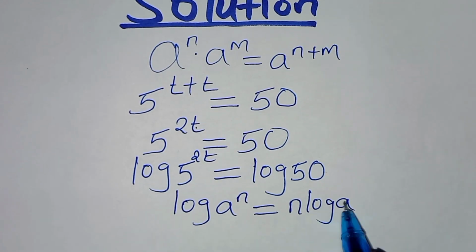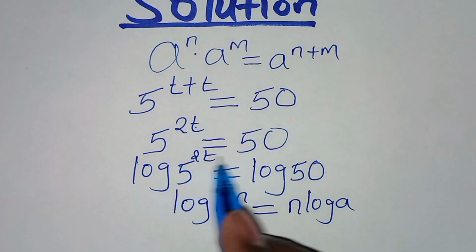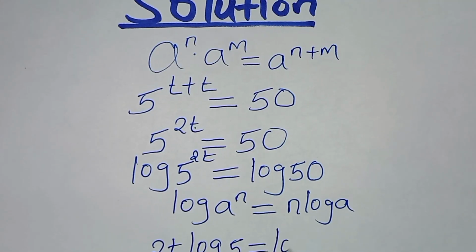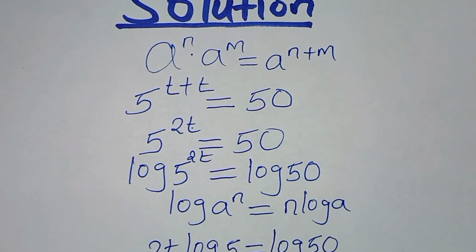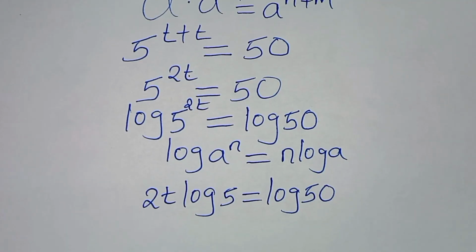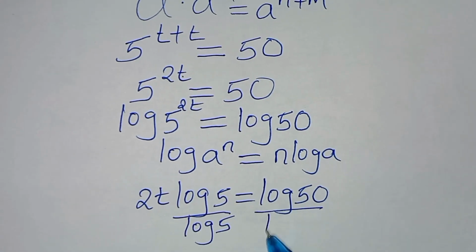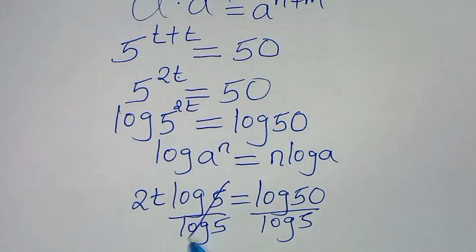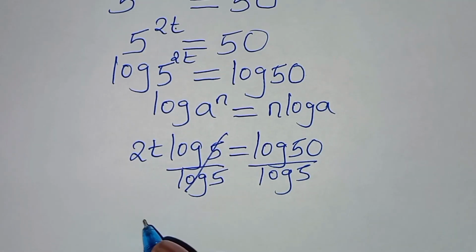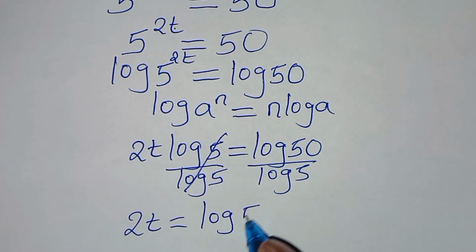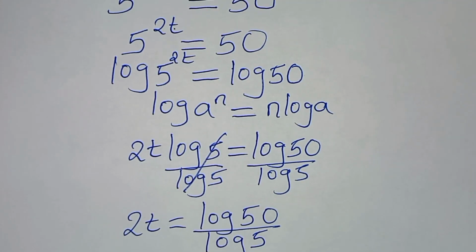Applying this power rule property, log 5 to power 2t becomes 2t log 5, which is equal to log 50. So let's divide both sides by log 5. Now we'll have 2t equal to log 50 divided by log 5.